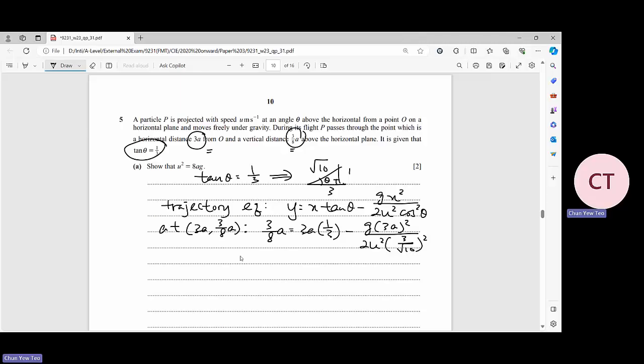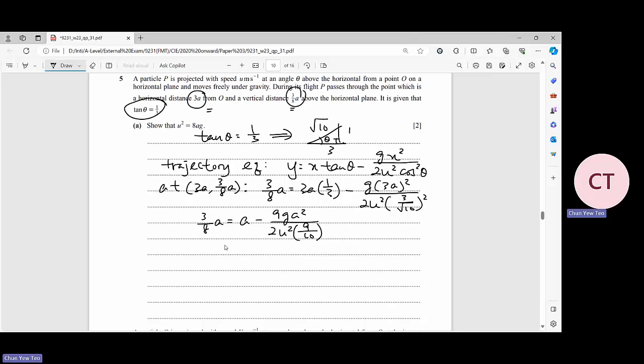Okay, simplify it. You will get 3 over 8a equal to a minus 9ga squared over 2u squared times 9 over 10.